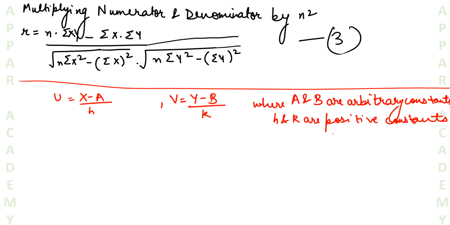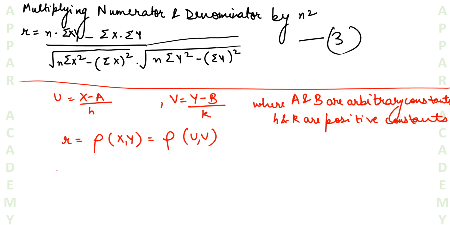So it is independent of change in scale and origin whenever our constants that are changing the scale are positive. Therefore, r, the correlation coefficient of xy, is same as the correlation coefficient of uv, right?